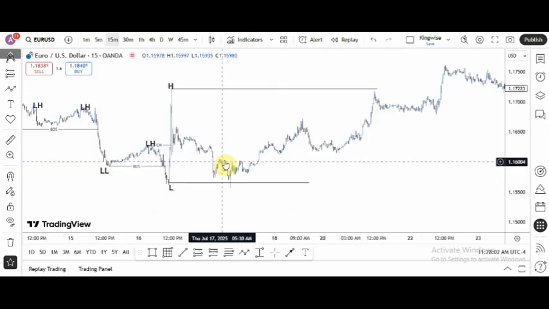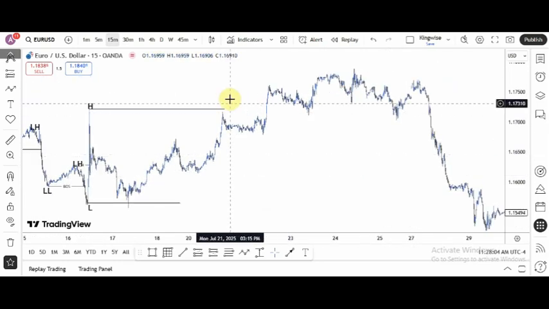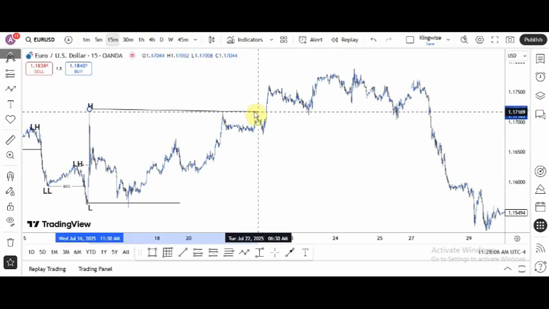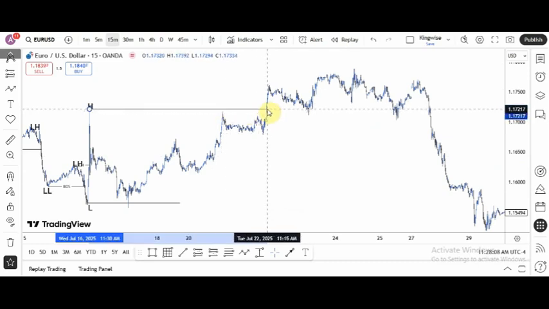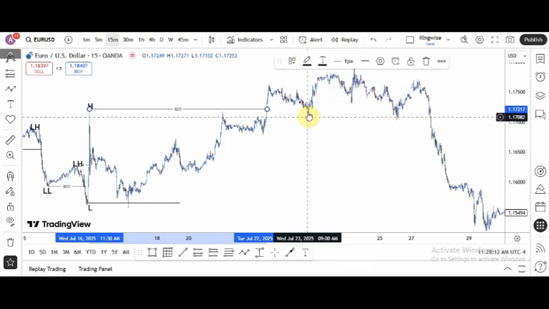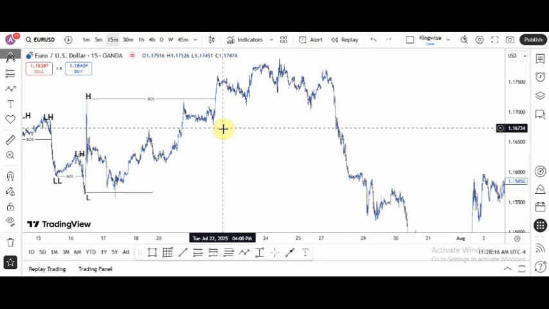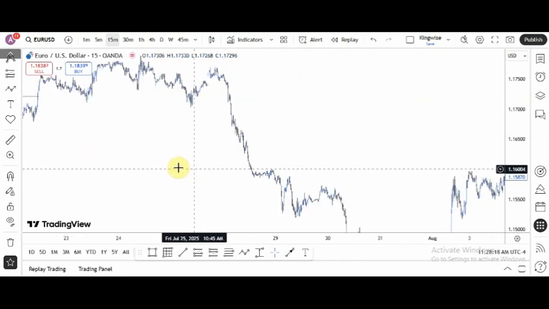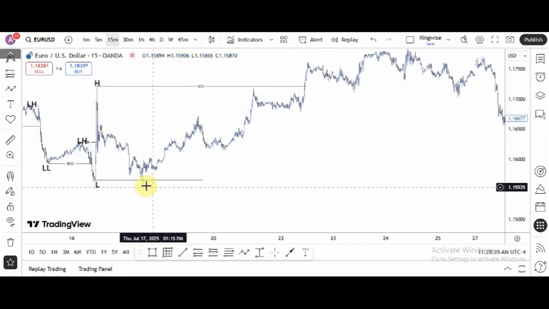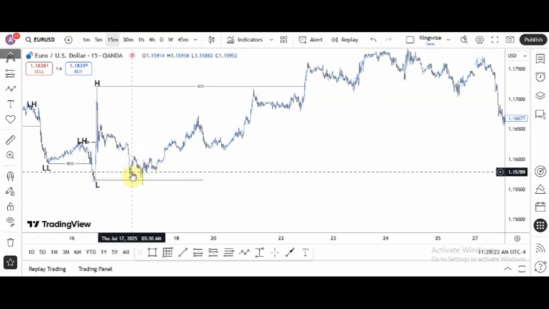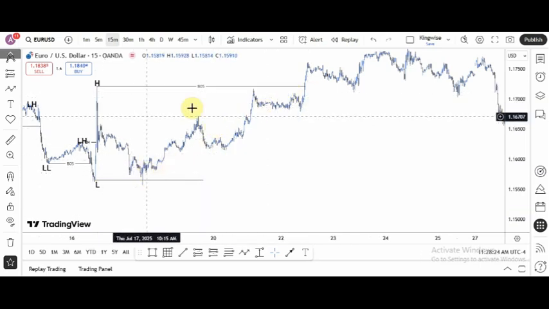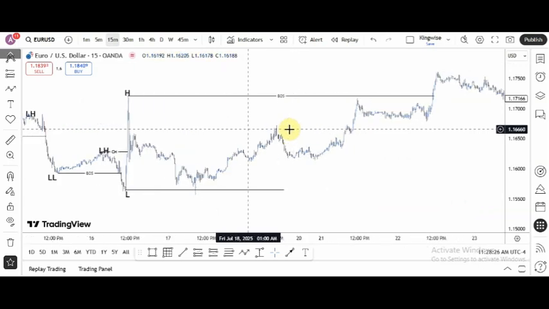So until we see a break of this structure to the upside, and here we got it. So we can now say, oh, this is a break of structure. And then you start looking for more buys. But within these internal structures, you can catch your buys, because I think this was an activity of a news.